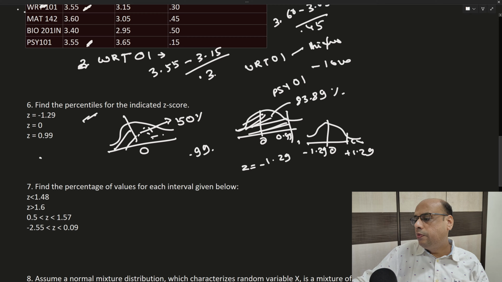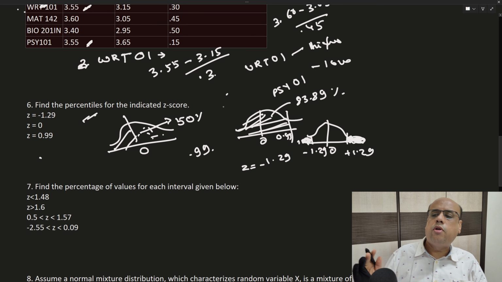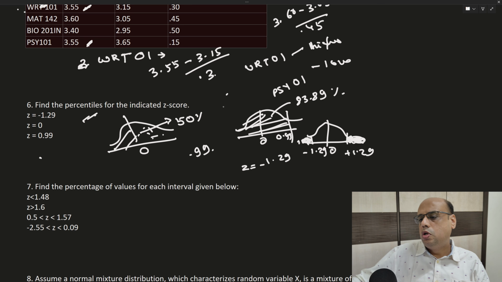Whatever is this area here, the same is this area. Whatever the z value, the figures we get from the table are the area of the curve to the left of that figure. So if z of 0.99 is 83.89, this means the area to the left of 0.99 is 83.89.